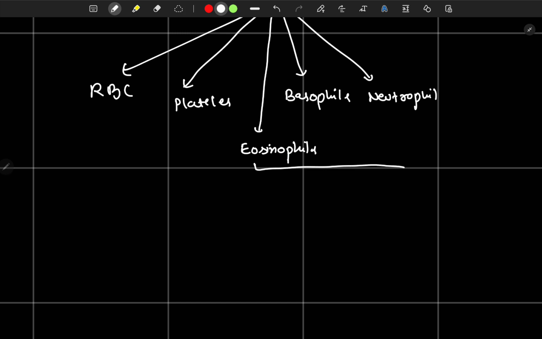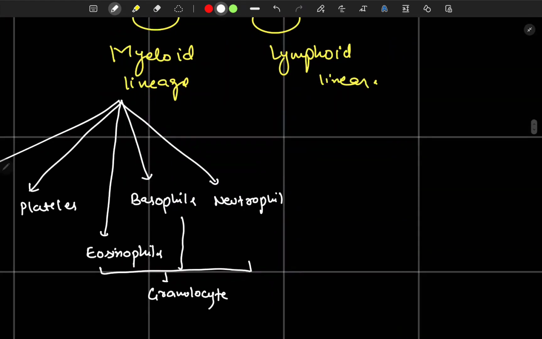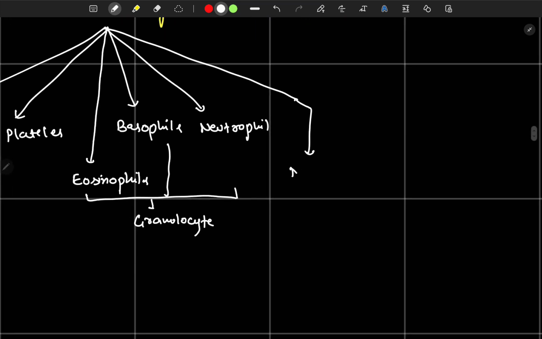All these three grouped together are known as granulocytes. So granulocytes are produced by the myeloid group of cells. There is one non-granulocyte, which is known as monocyte, which is also part of WBC. Monocyte is a non-granulocyte WBC.